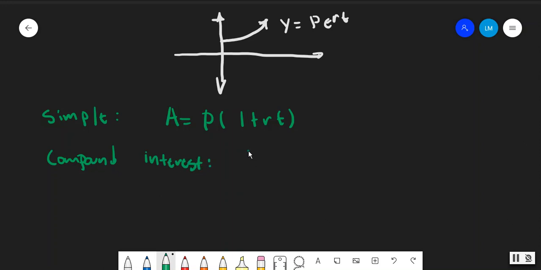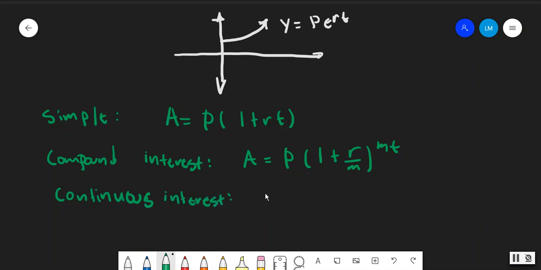Now with compound interest, you have A equals P times 1 plus r over m, raised to the mt, where m is just the period. But then you also have the formula for continuous compounding, where A equals P e^(rt).